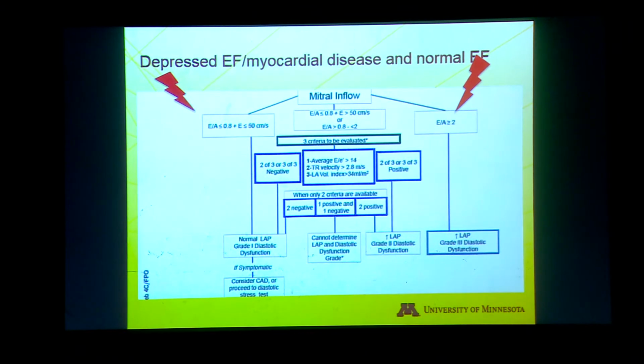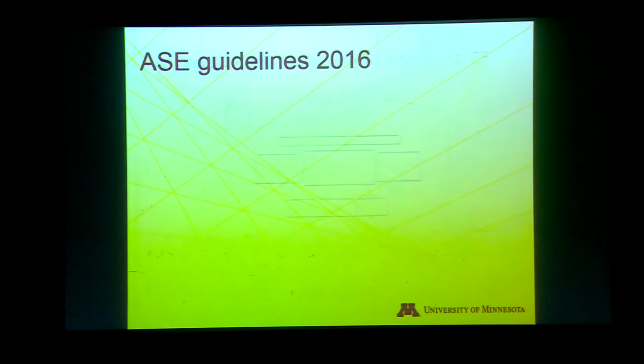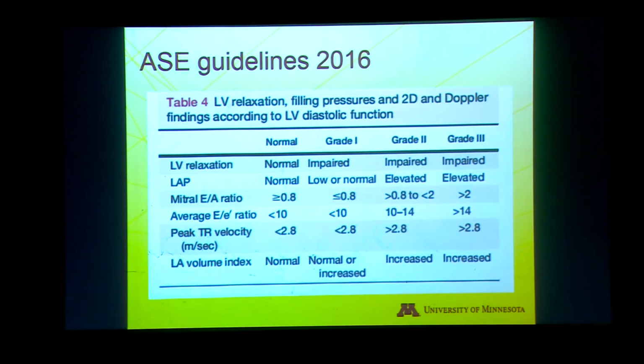Here, I think they realized that in the perioperative setting, you won't get the left atrial volume measurements. So they said when 2 criteria are present, they gave you some guidelines. When you can say it's normal, when you cannot determine LV diastolic function, or if it's increased. Again, this is a tabular representation of the previous slide.